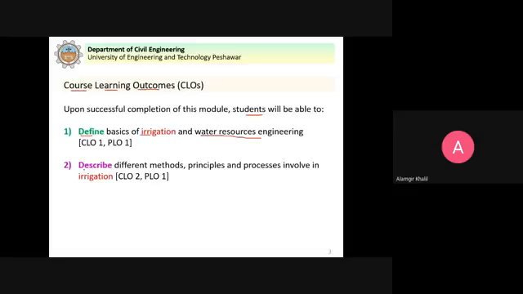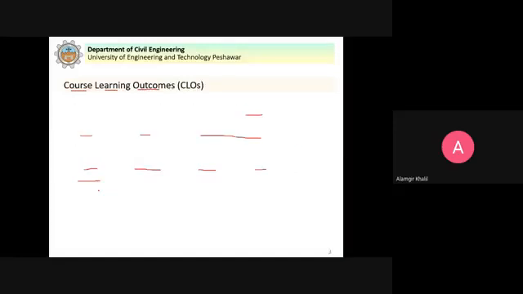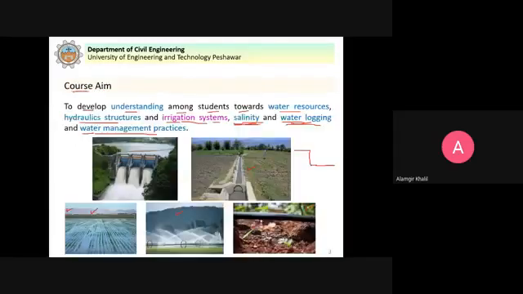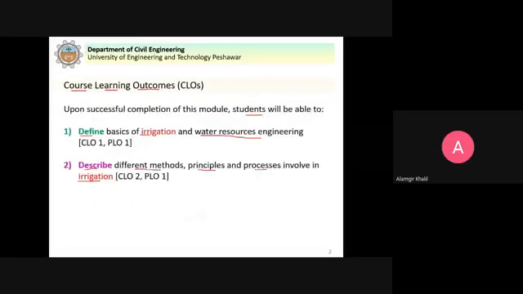The second CLO is to describe the different methods, principles, and processes involved in irrigation. You should be able to describe the different methods of irrigation, as I show you here, these different methods of supplying water to crops. You should also describe the principles and processes involved in irrigation.